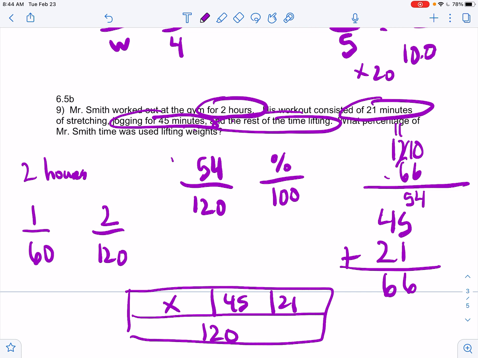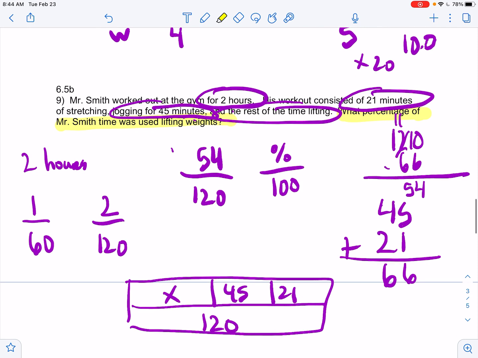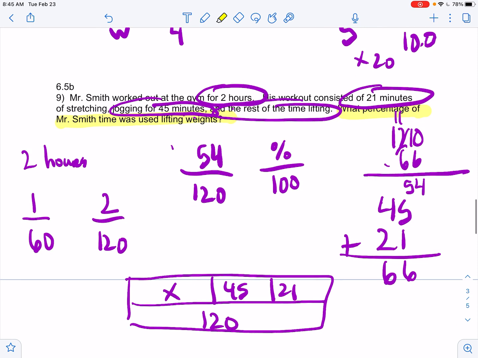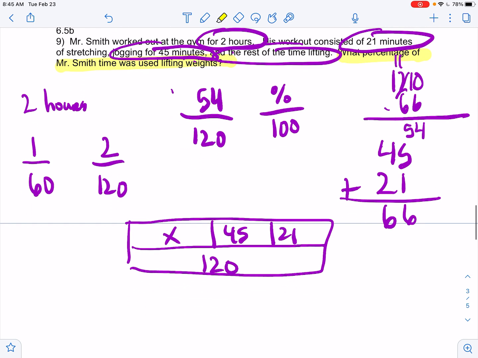So 54 minutes he spent lifting, but we're not finished yet. We've solved for minutes, but the final question asks what percentage of the time. Now you have an idea, you could estimate, right? So we're going to solve now.